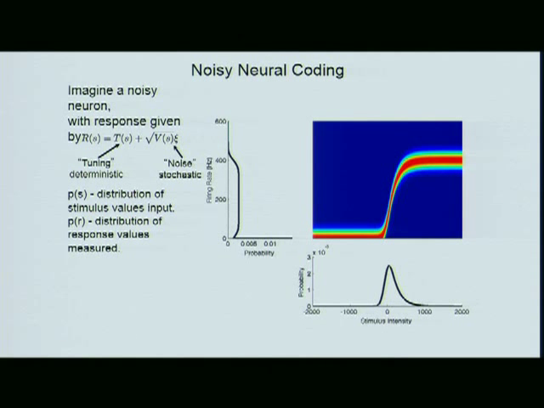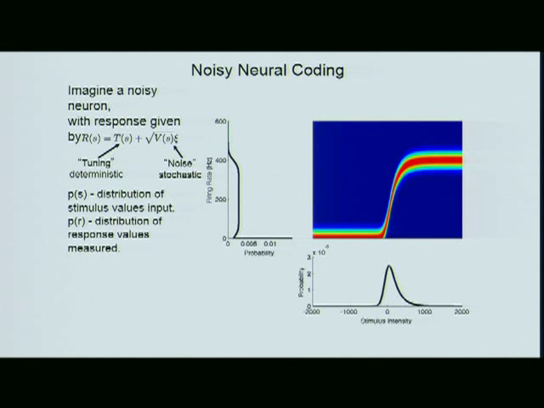Now, this thing here is probability. Red is higher probability, blue is low probability, right? If it was just deterministic, you would just see a thin red line in a sigmoid like that. But since there's a bit of noise, for any particular stimulus value, the response will take on a distribution of values.